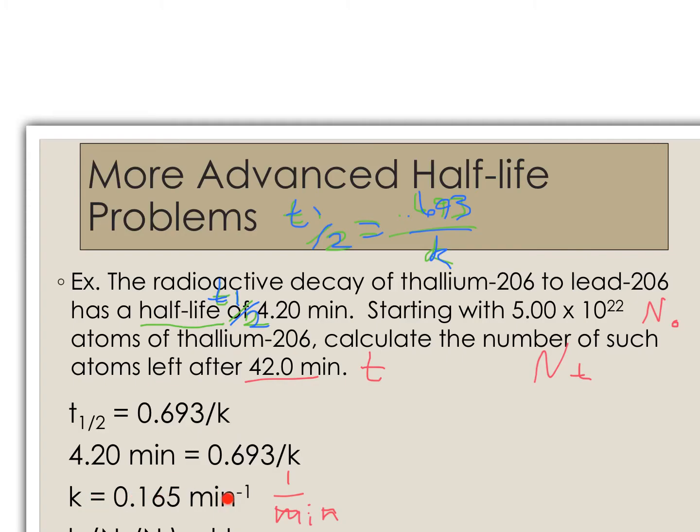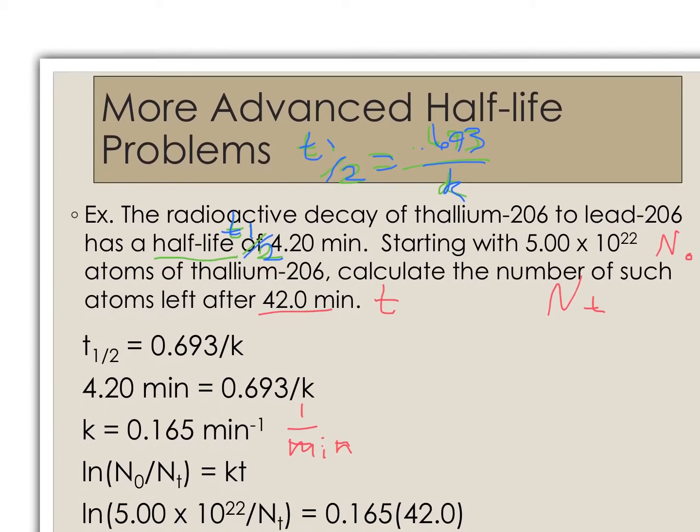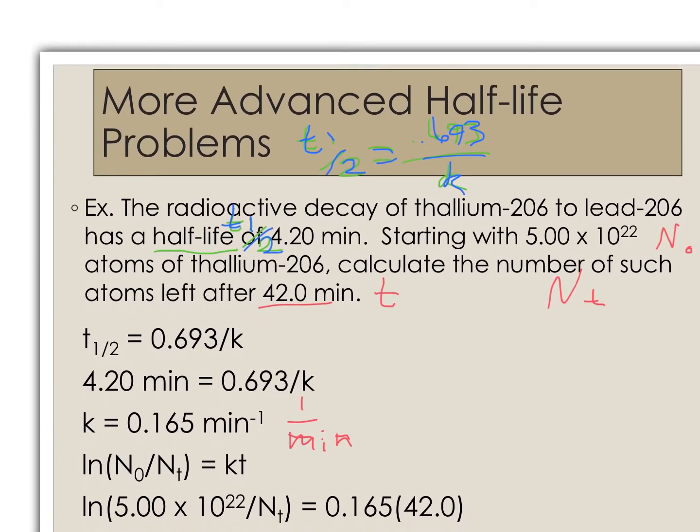So now that we have our K, we plug that into our first order integrated rate law, either the ln N0 over NT equals KT, or you plug it into the one from the AP exam itself. They're the exact same, just manipulated differently. I plug in each of these numbers as I've defined where they go.